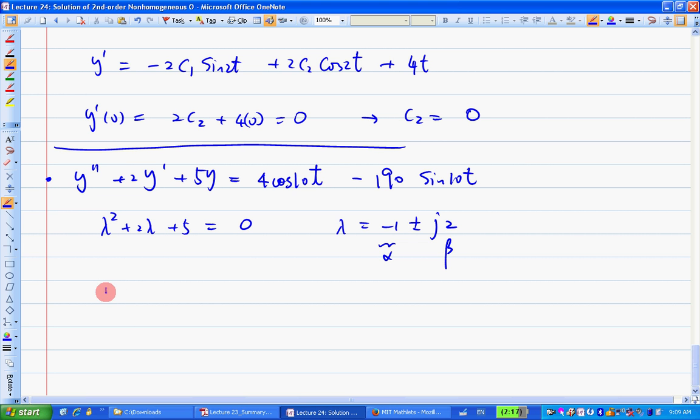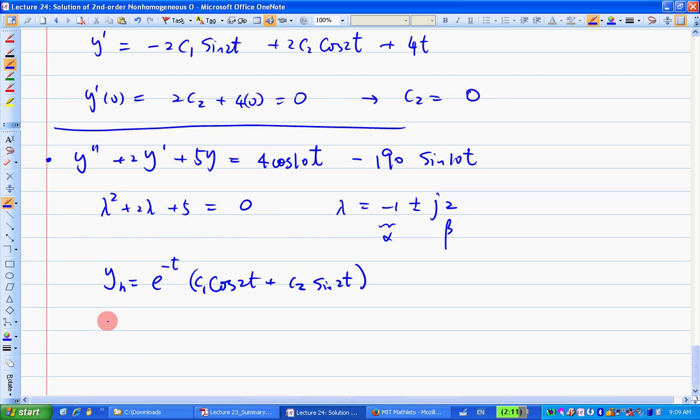Which means my yh is e to the power of alpha t, so e to the power of negative t, times c1 cosine 2t plus c2 sine 2t. So that's the general solution for the homogeneous one, yh.